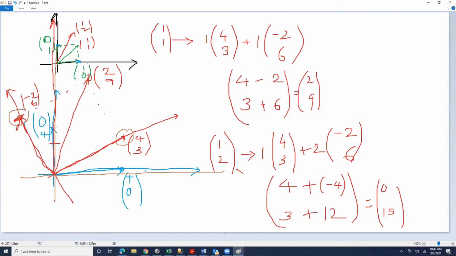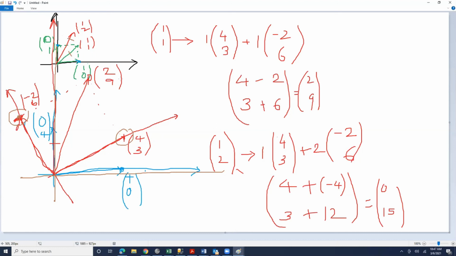Does that make sense? I didn't get it. Why does it work for both vectors? When you say both vectors, you're asking why it works for this green line and this red line? Right, because it's the same paper that I'm stretching and turning.